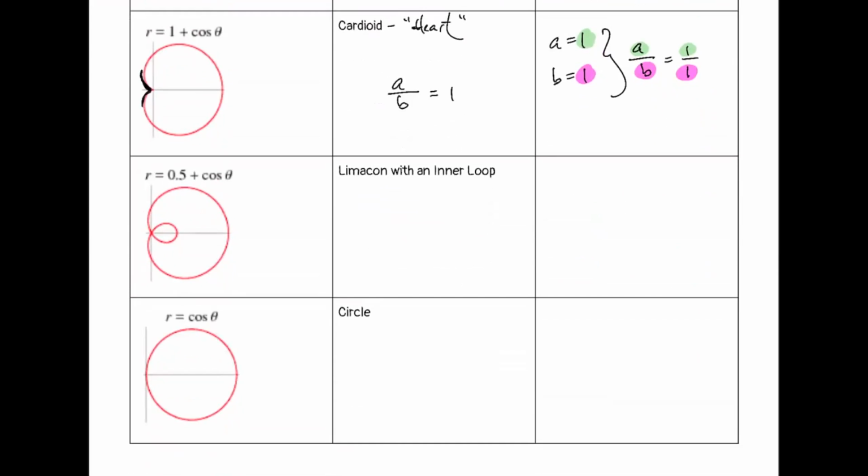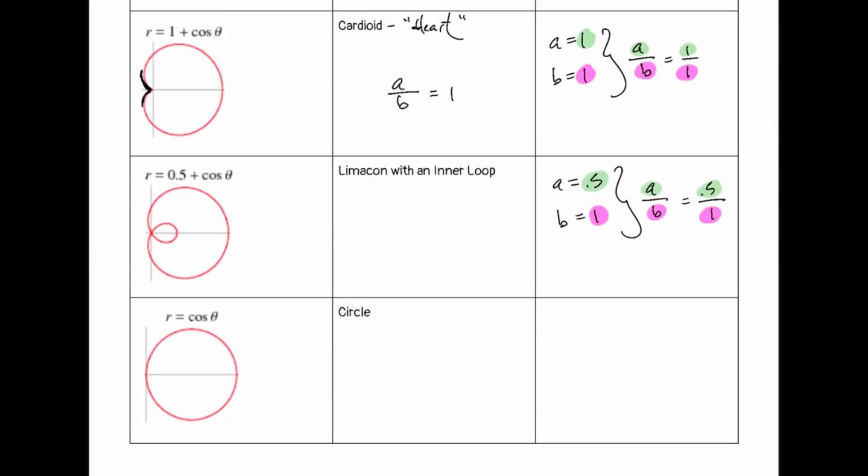All right. Now, the last two cases here, what happens with these ratios? So A in this case is 0.5 and B is 1. So when I divide A by B, I actually get 0.5, which is less than 1.